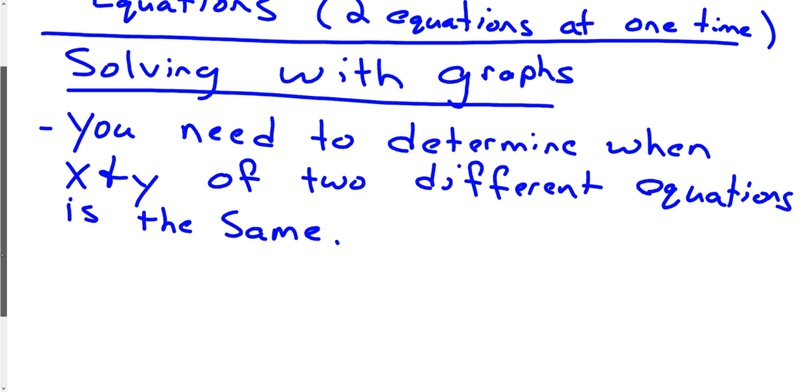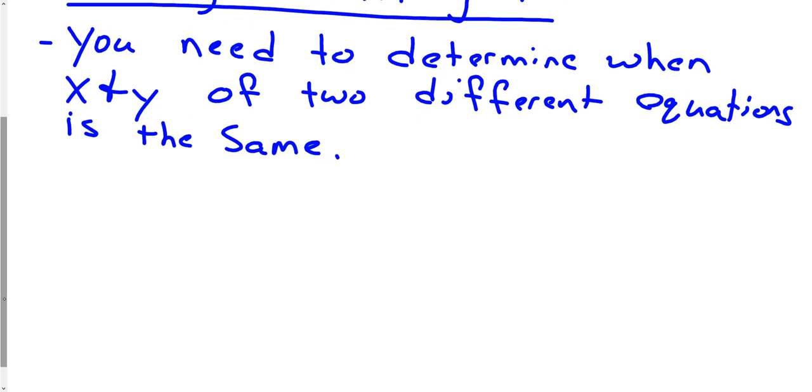So to do this graphically, when we want to know when x and y are the same, we'll draw both lines, and where they cross, that point of intersection, is where our answer is.